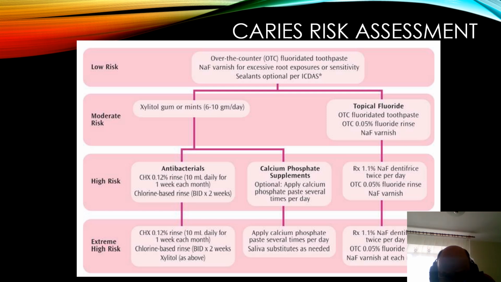For example, if a person is in a low caries risk group, we can use only over-the-counter fluoridated toothpaste or fluoride varnish for excessive root exposure or sensitivity, or sealants optional.